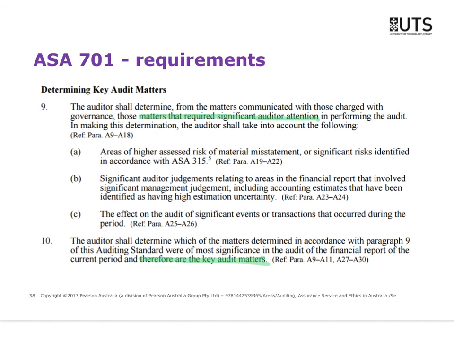So what sort of things could require more audit attention? Areas of higher risk, ones where there are significant judgments, including management judgment and estimates, or significant events or transactions that could have occurred. So they're saying in these areas, you need to disclose to shareholders exactly how you tackled them.